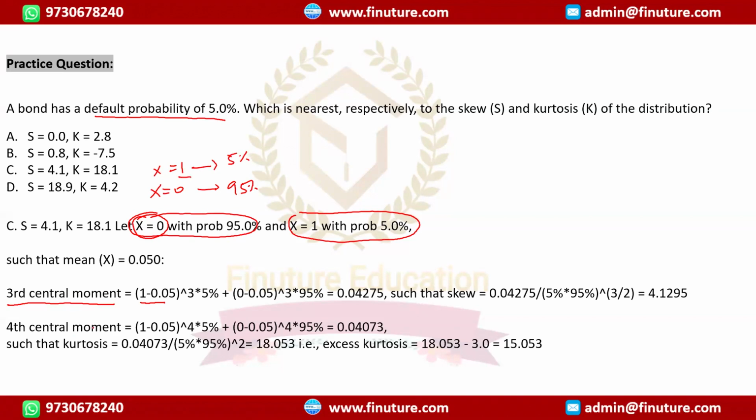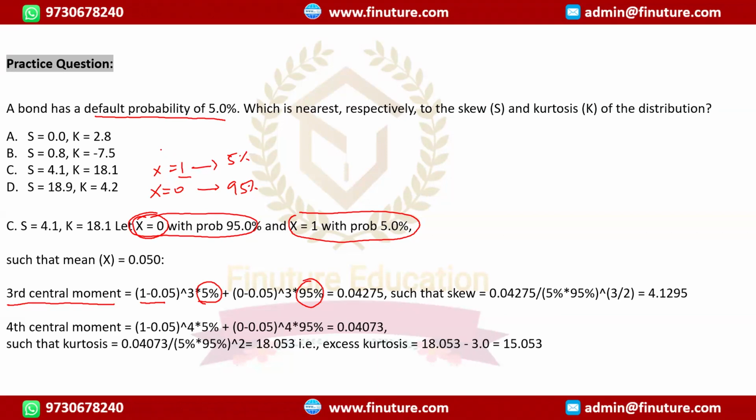Now, what we have been asked is, so 5% is a weight. This is also a weight. We are calculating the expectation first. So how do you calculate expectation of this?